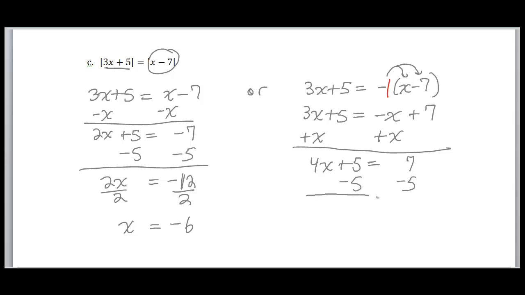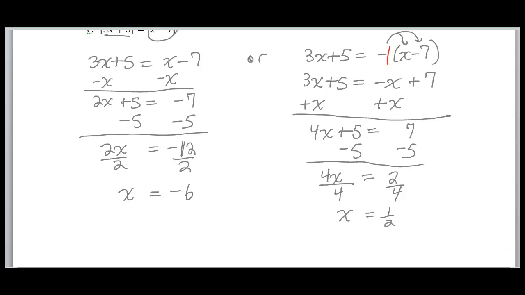Isolate that variable term. It's on one side by itself now. And completely isolate the variable itself. And we'd get that x equals, simplify that down to 1/2.